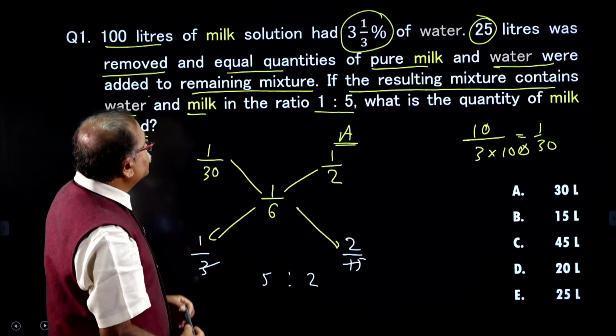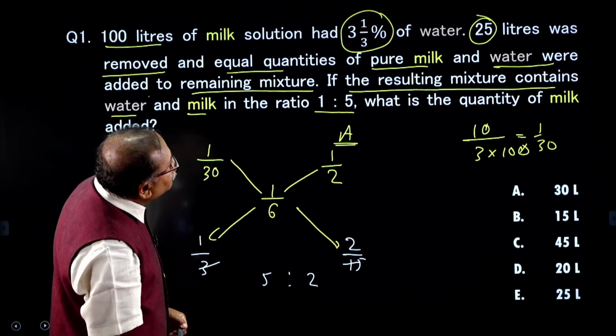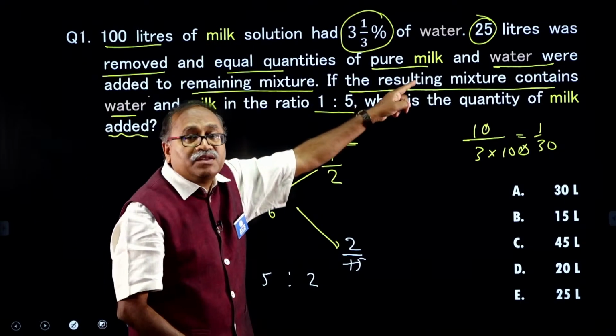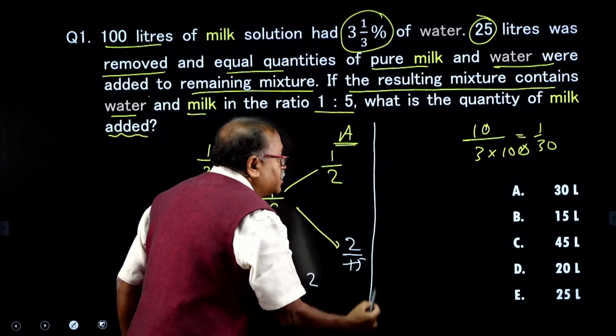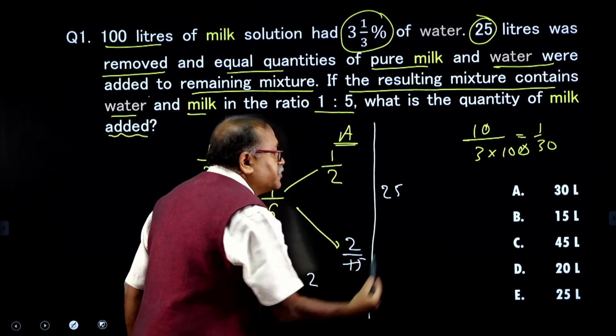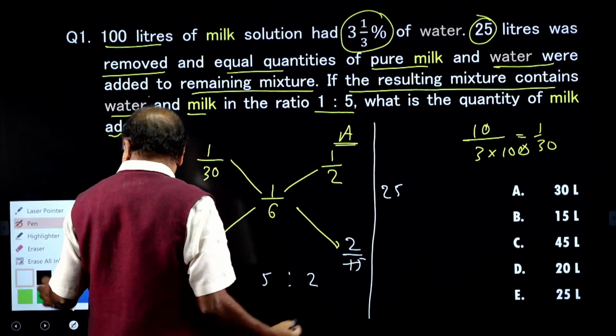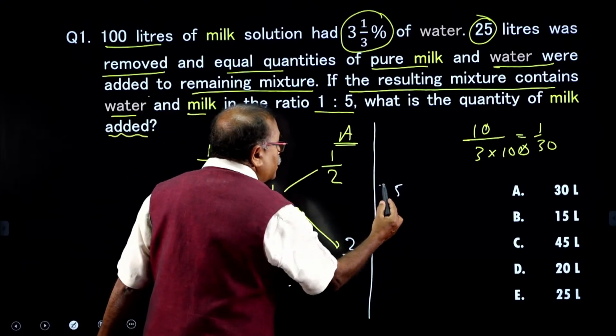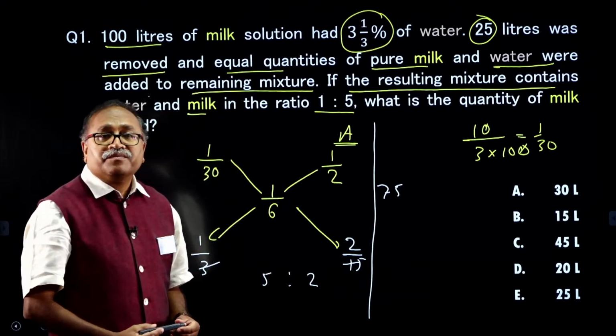Okay. So, now, 100 liters, 25 liters is taken out. How many liters are left? 75 liters are left.